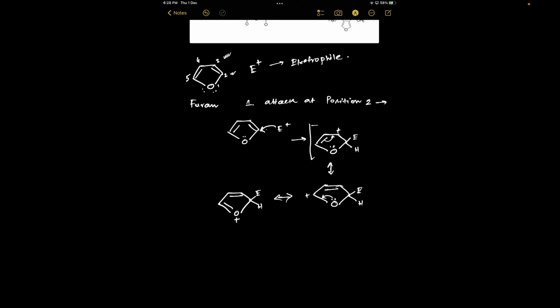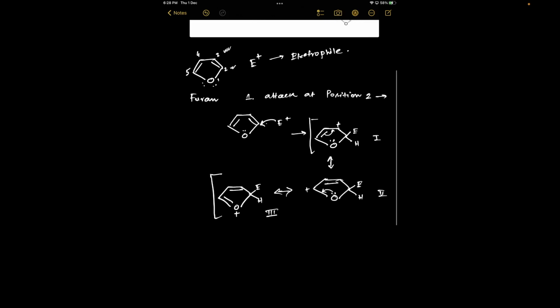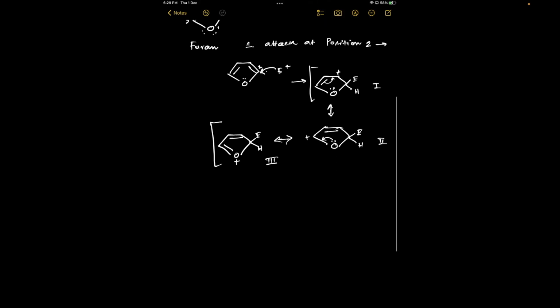So these are 3 possible structures: structure 1, structure 2, structure 3. If the electrophile attacks position 2, these 3 resonance structures are generated to accommodate the positive charge. Now let's consider case number 2, when the attack is at position number 3.